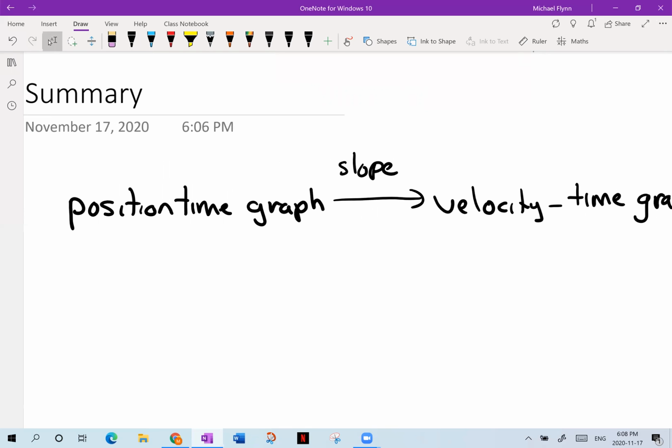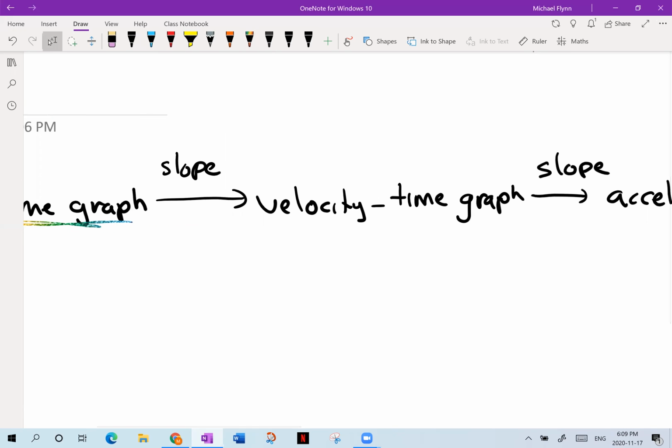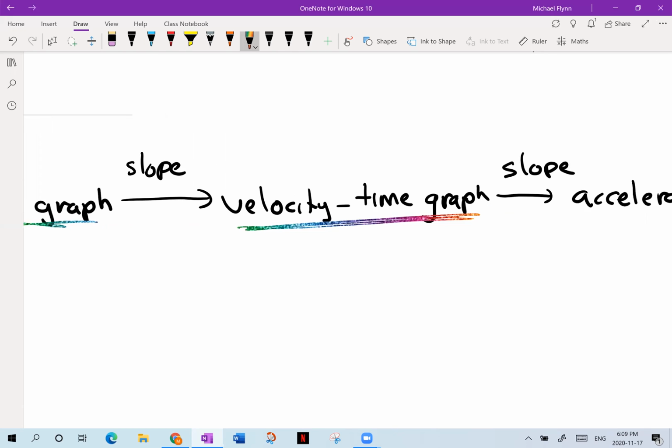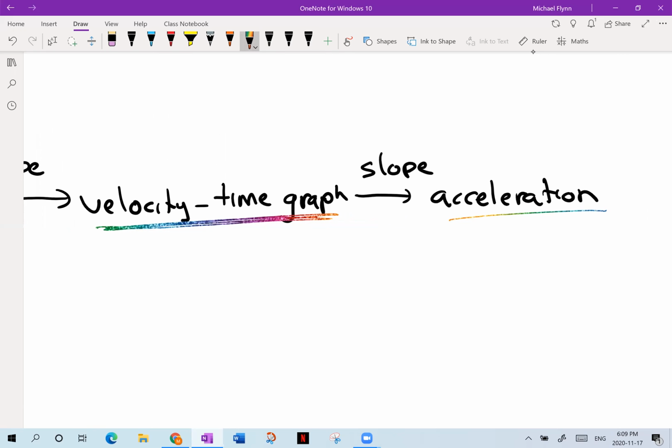So with the position time graph, if you take the slope, you get velocity. If you take the slope of the velocity time graph, you'll get the acceleration.